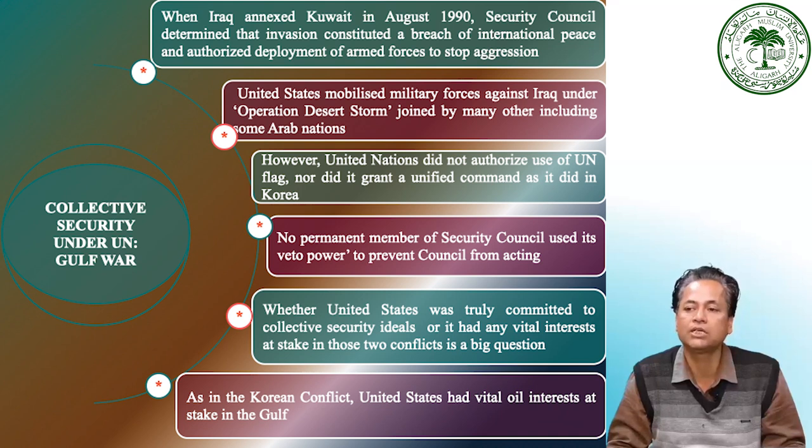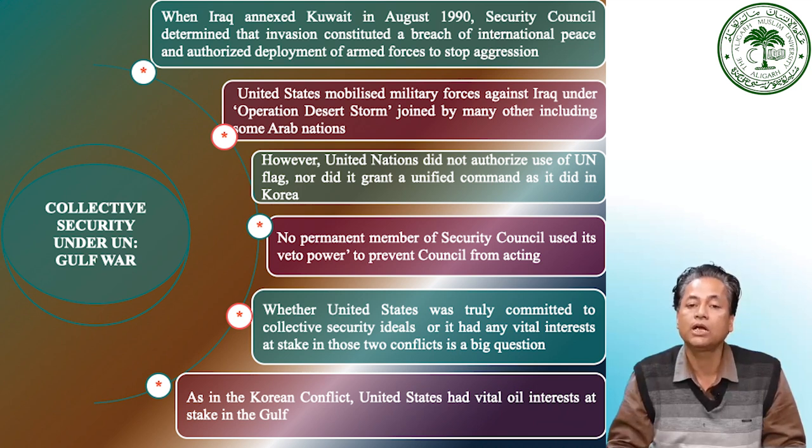So, America was interested to stop the expansion of communism to different parts of the world, and that was the major reason why it played an important role in mobilizing the resources along with other countries to deal with the Korean conflict.